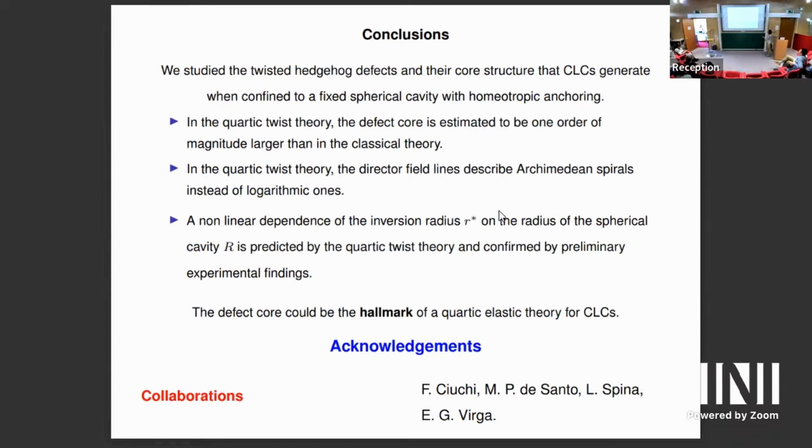On the quantitative side, the defect core is estimated to be 1 order of magnitude larger than in the classical theory. And on the qualitative side, in the quadratic theory, the director describes Archimedean spirals instead of logarithmic ones, and there is a nonlinear dependence of the inversion ring on the radius of the spherical cavity.